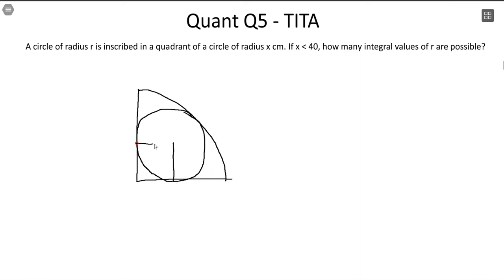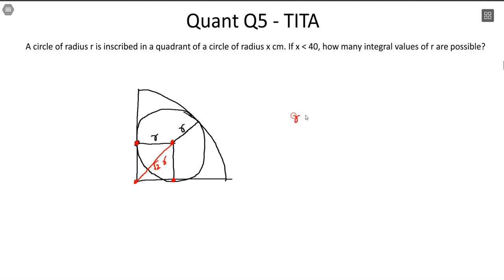So for this circle, if this is the radius, can you see? This is the radius, and the figure that gets created here, let me use a different colored pen. The figure that gets created by these four vertices is a square with a side of r. So this is root 2r.